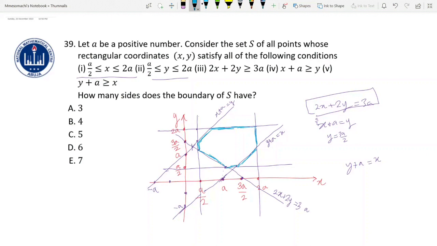Okay, and now let's count the sides. 1, 2, 3, 4, 5, 6, and 7. So the number of sides is 7. You can count it: 1, 2, 3, 4, 5, 6, 7.